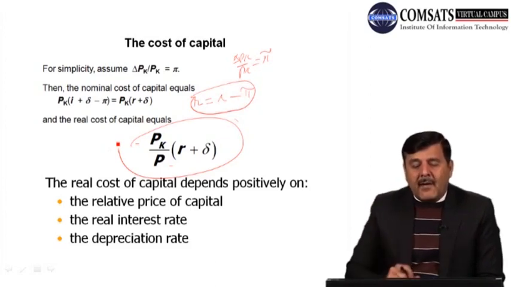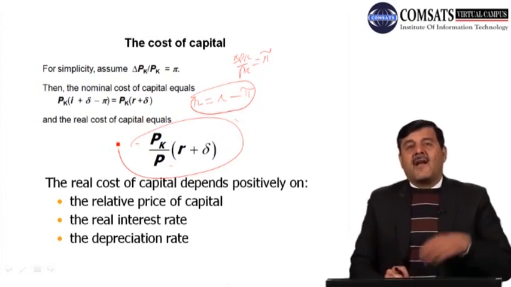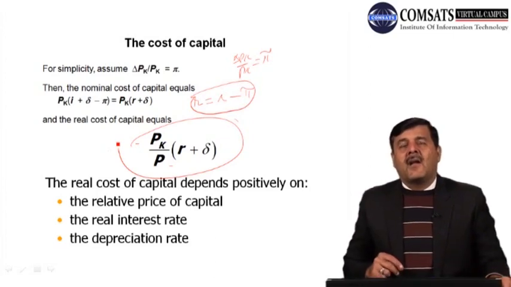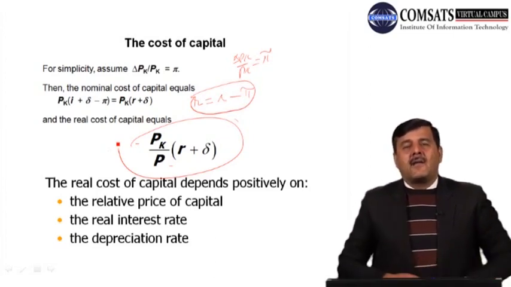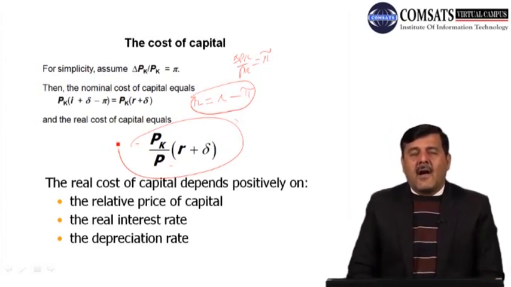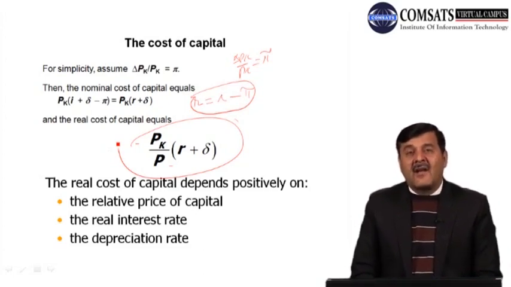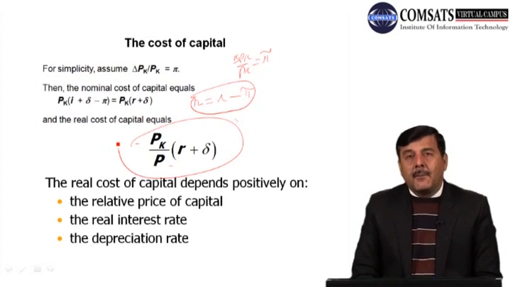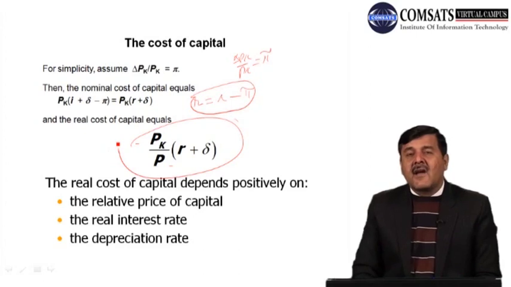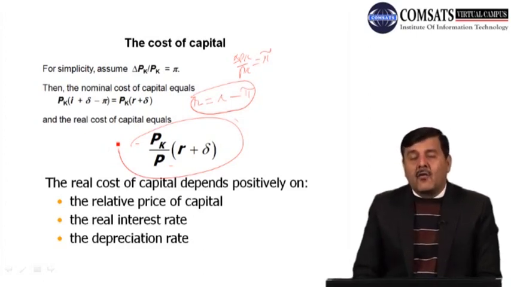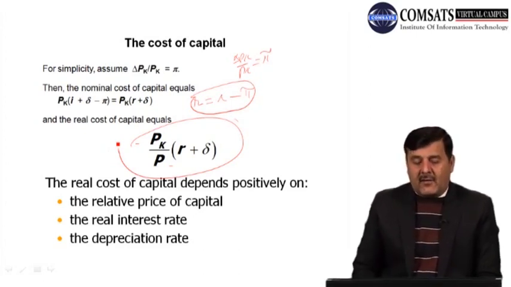It positively depends on the depreciation rate. So the real cost of capital, renting or buying new equipment, machinery, car, whatever the form of capital, depends positively on the relative price of capital. It positively depends on the real interest rate in the country and the economy. It positively depends on the depreciation rate.